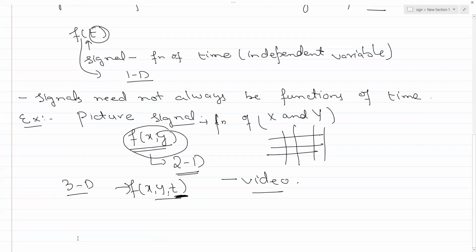Now I will discuss a little bit about the representation of signals.